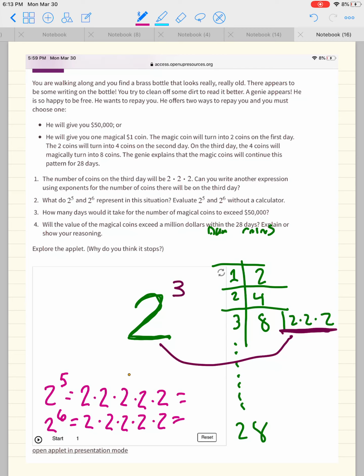Figure out what that would be. Go ahead and pause it, figure these out, and then unpause it when you're done. Okay, so for 2 to the 5th, we have 2 times 2, which is 4, times 2, which is 8, times 2, which is 16, times 2, which is, my gosh, I need to do that.